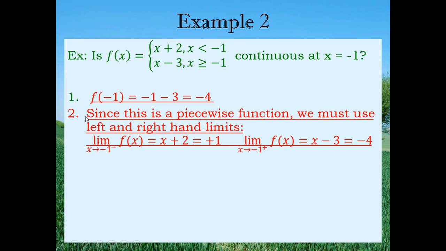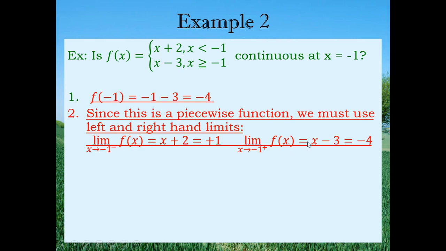Now, let's look at number 2, though. Since it's a piecewise function, we must use left and right-hand limits. So coming from the left, we're going to take the first equation because it's up to but not including -1. So at -1, the limit is going to be -1 plus 2, which is equal to +1. Now the function doesn't equal +1, but the limit does there.